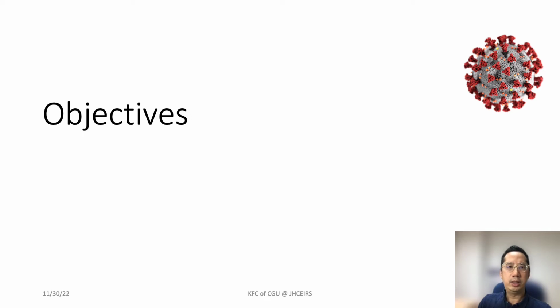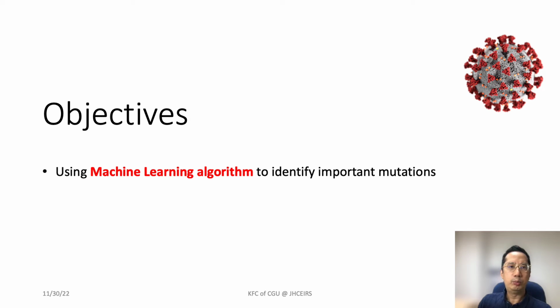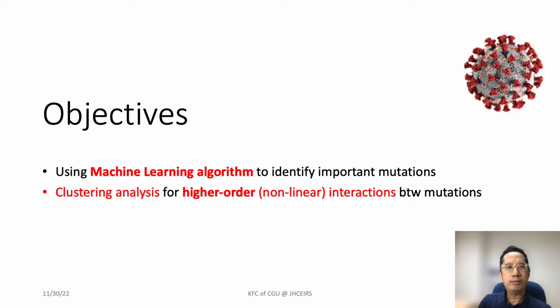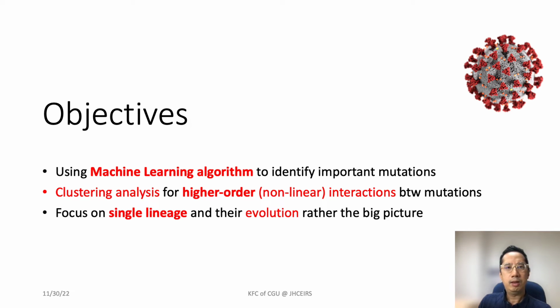So our objective is to prove the concept of using machine learning algorithms to identify important mutations, and then doing the cluster analysis to understand the possible interaction between the mutations. And we want to have a higher resolution by looking into a single lineage instead of the whole picture.